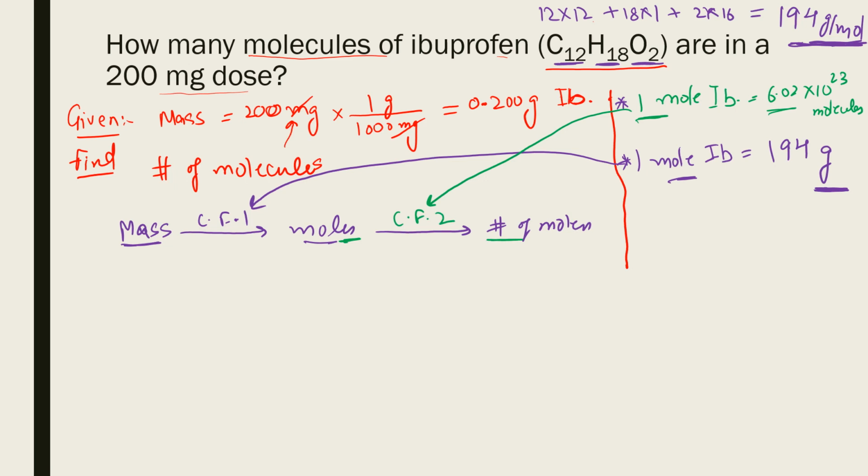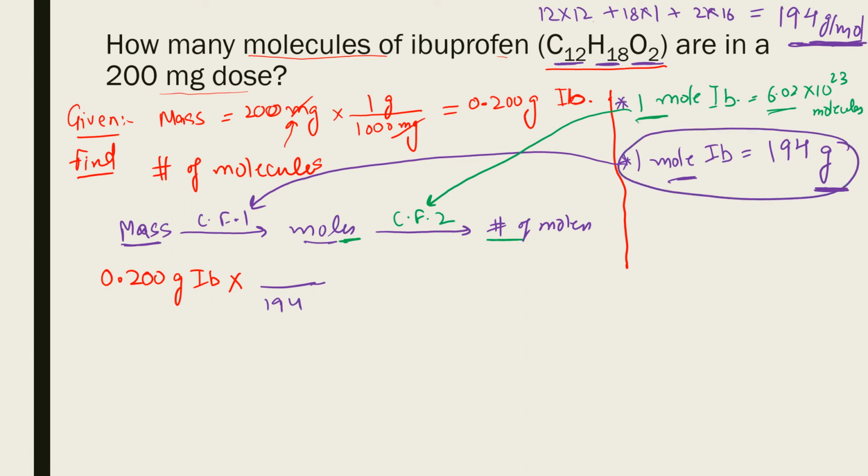So let's plug in the values. First is the mass of ibuprofen, it should be in grams. So we already calculated 0.200 grams of ibuprofen multiplied by the first conversion factor. Now the given value, grams, is on top, so in the conversion factor it should be in the denominator, so it means 194. So that's where I'm getting my conversion factor, right?